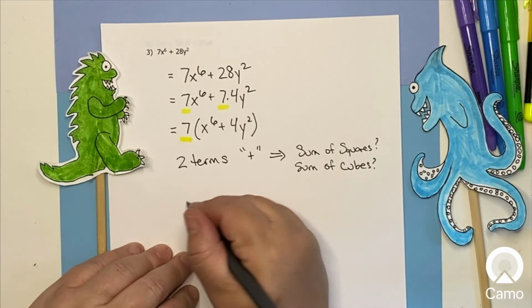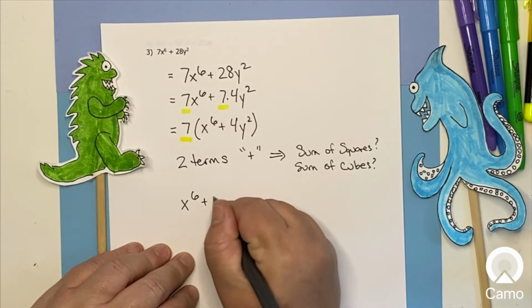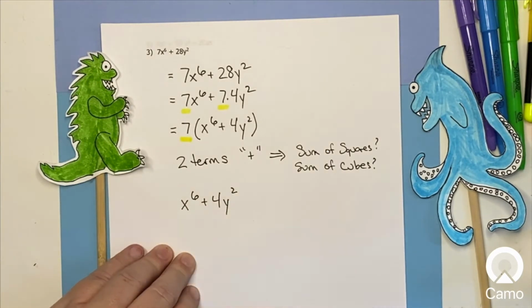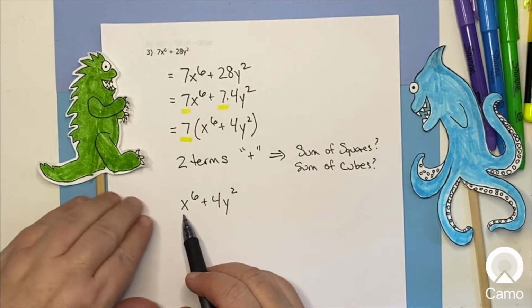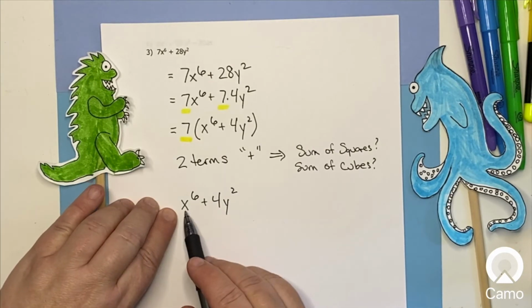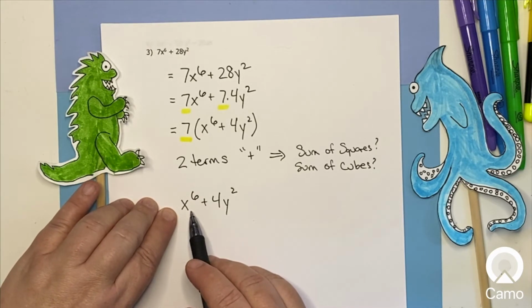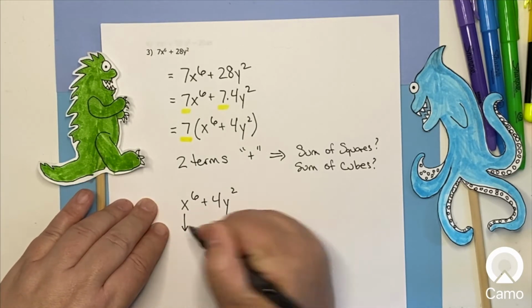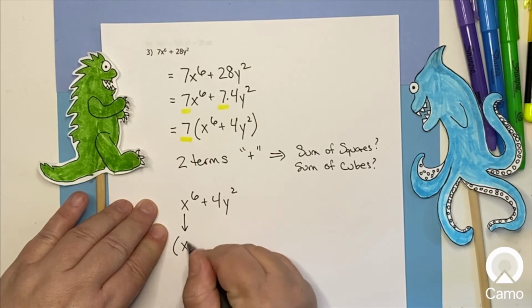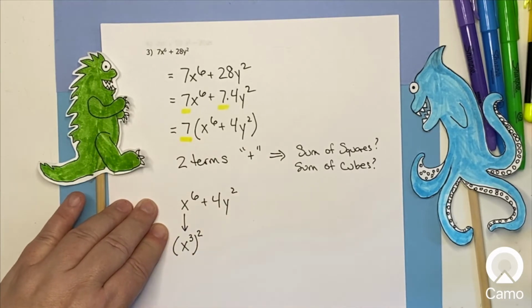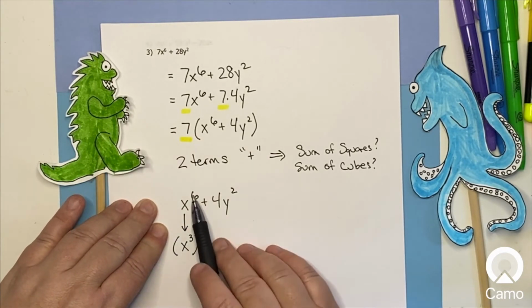So I'm looking just at the x to the 6th plus 4y squared. So x to the 6th could be a cube or a square. What does that even mean? Well, x to the 6th could be x cubed, squared, right? Because 3 times 2 is 6.